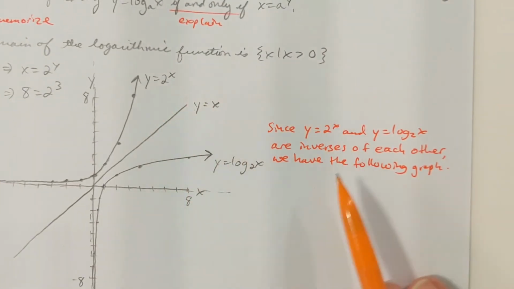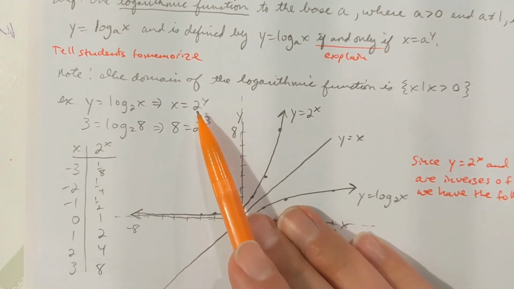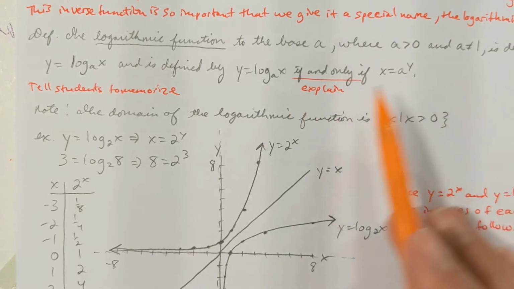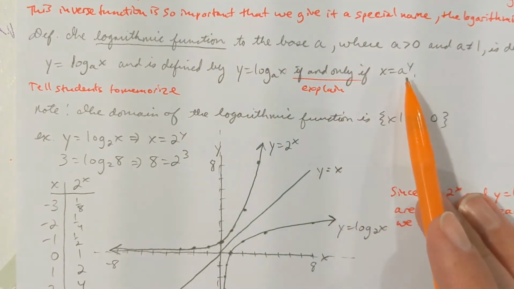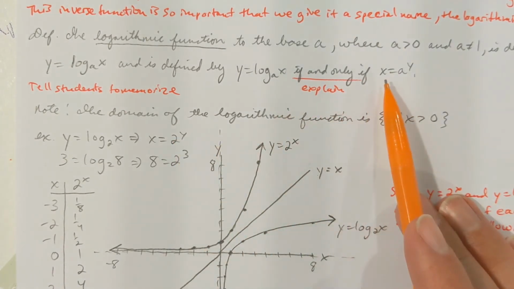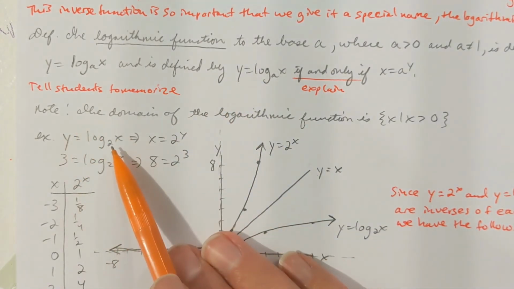And I would have the equation x equals 2 to the y. Okay, now this is an if and only if. So that means that I can read the statement beginning to end or end to beginning. I could say if x equals 2 to the y, then y equals log base 2 of x. Well, that's the curve I'd like to graph.